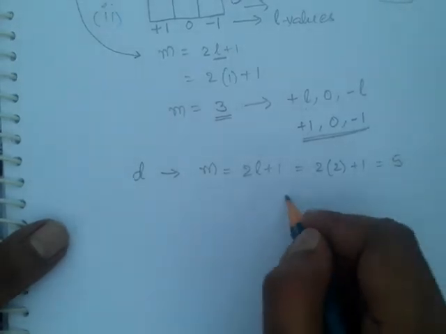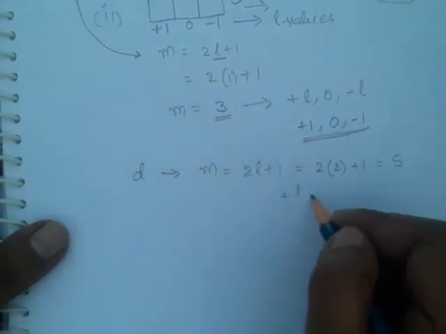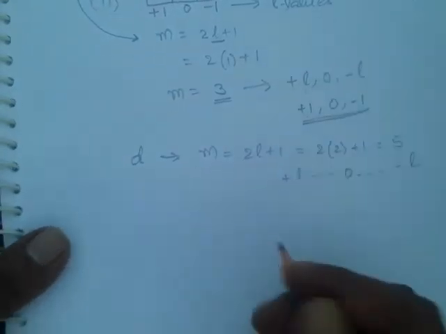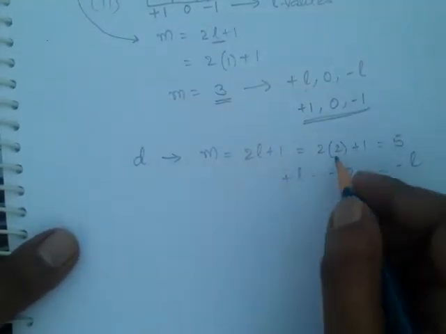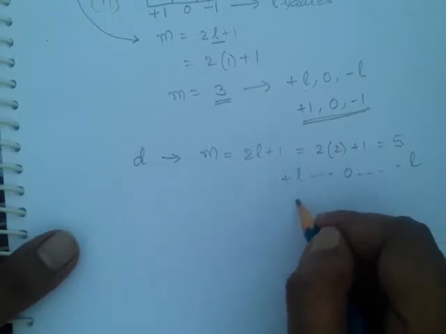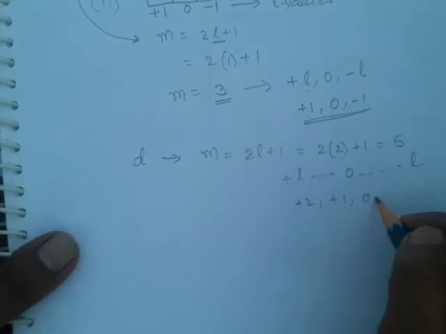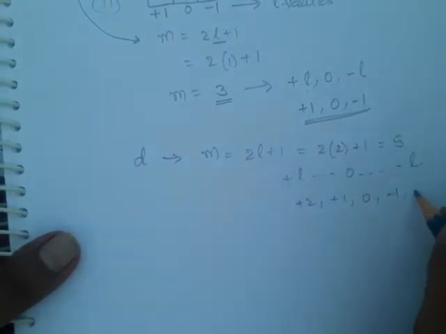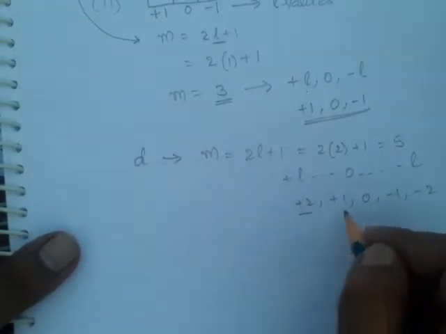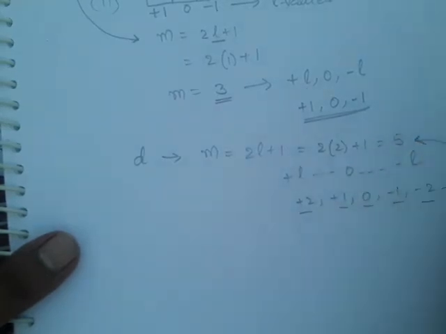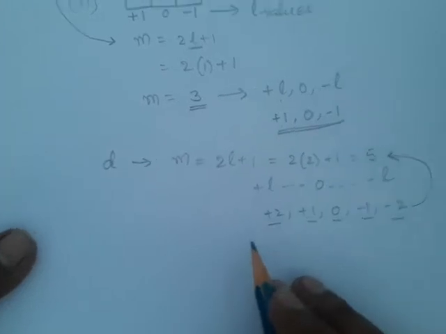What are they? Plus L to 0 to minus L. Plus L is plus 2, comma plus 1, comma 0, minus 1, minus 2. How many are there? 1, 2, 3, 4, 5. So 5 m values. What are they?